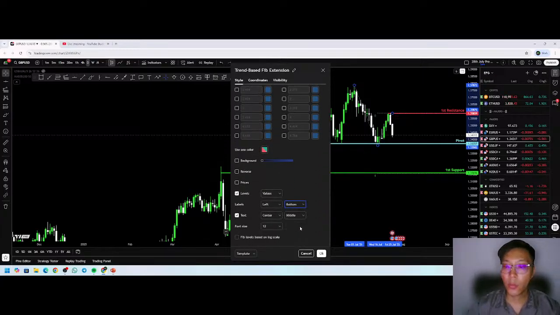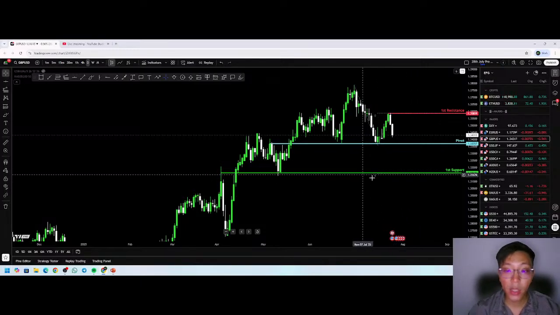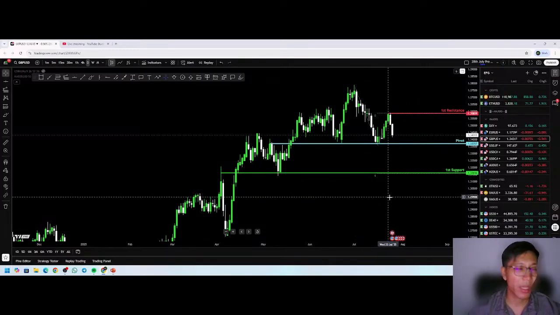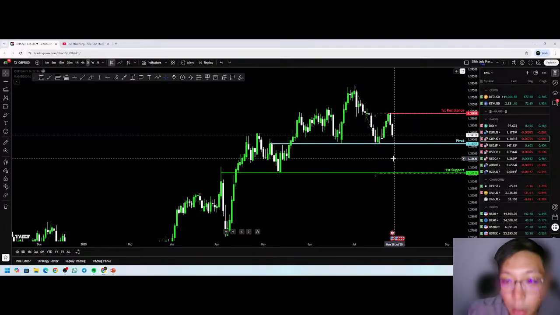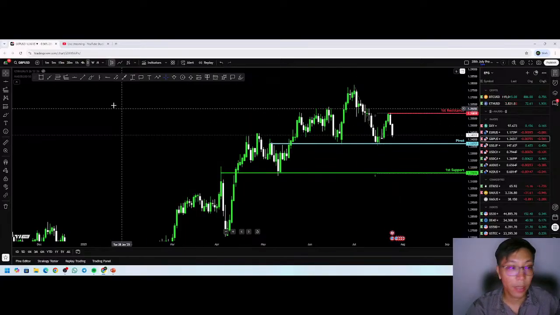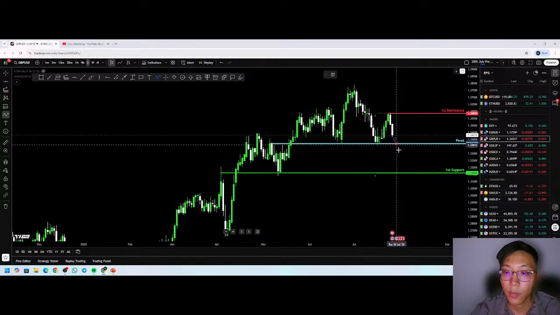Right, there is no projection, but at the first support area we have the 100% Fibo projection level. It might take a while for it to come down here. So let's see. There could be a possibility also that price does something like this.